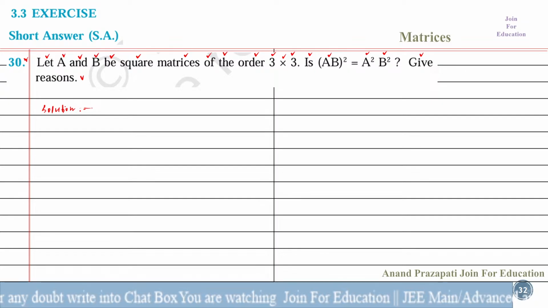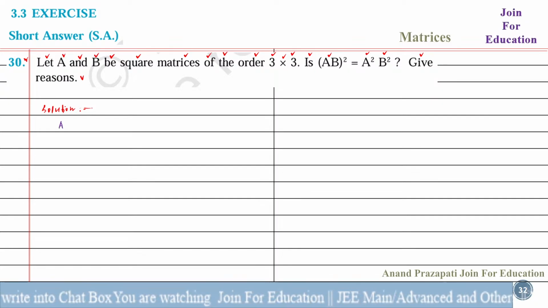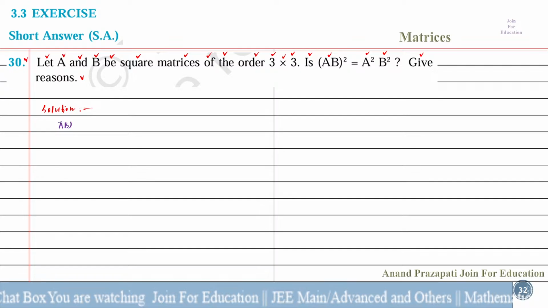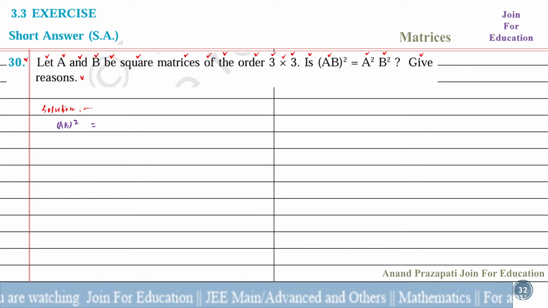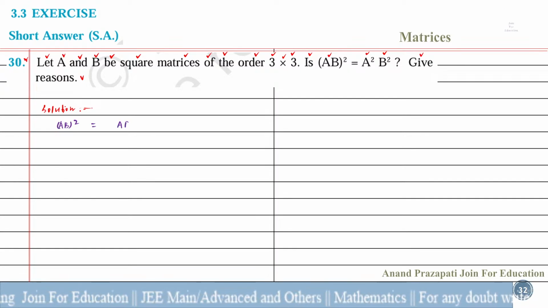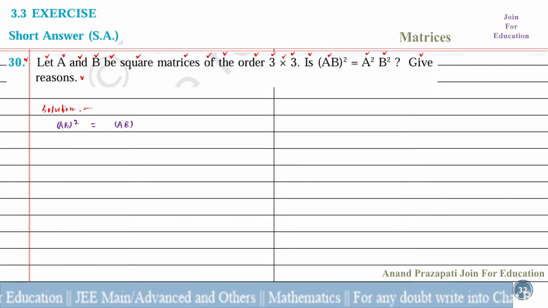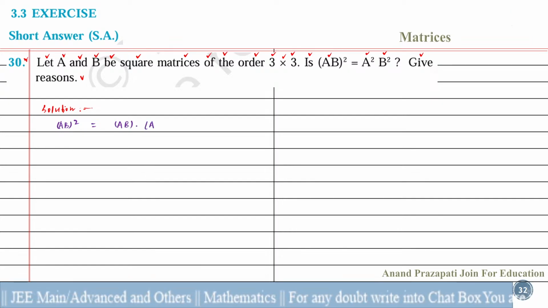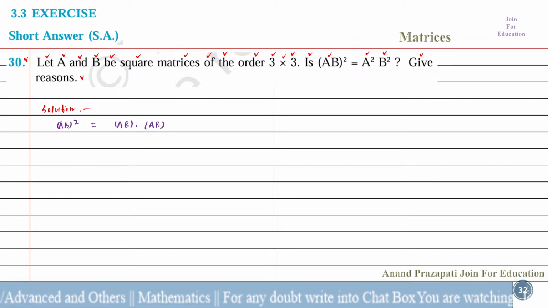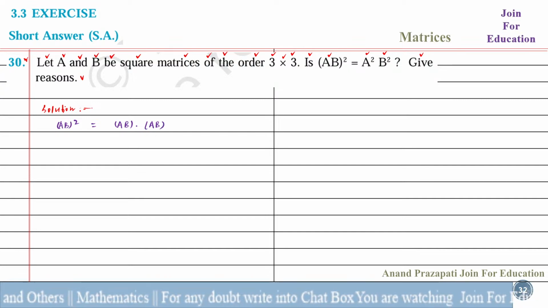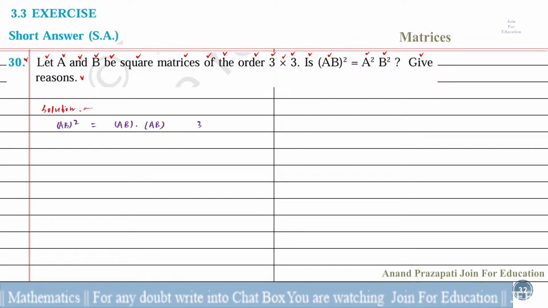So here AB square equal to AB into AB, and the order of this one is 3 by 3.